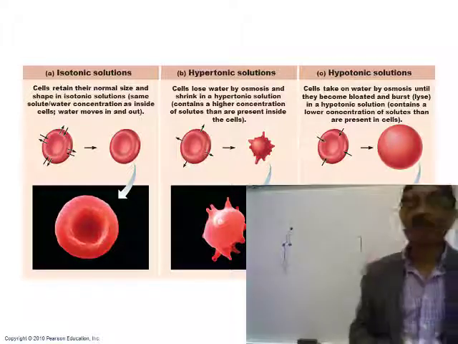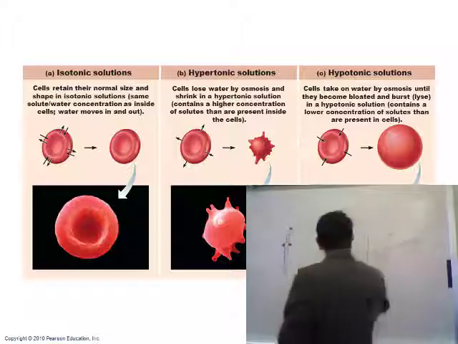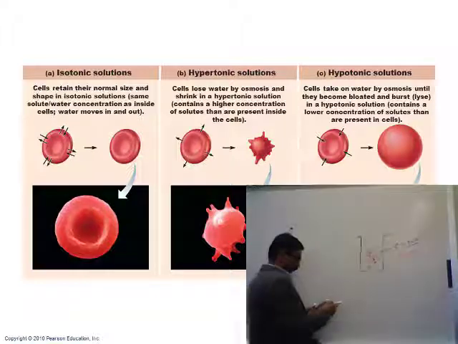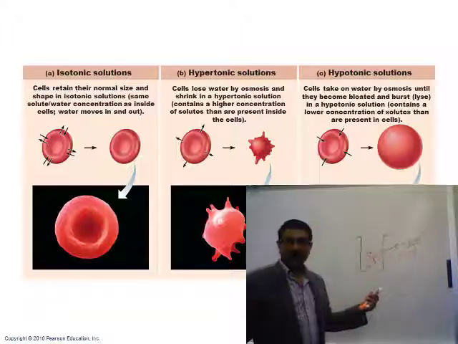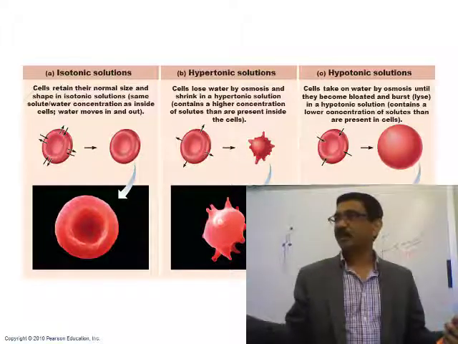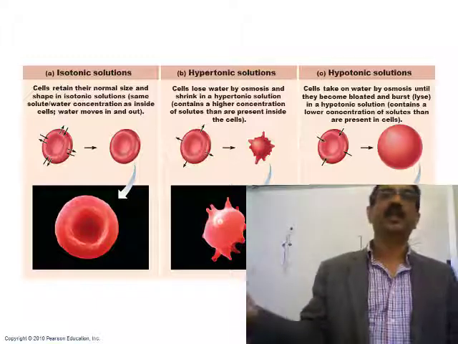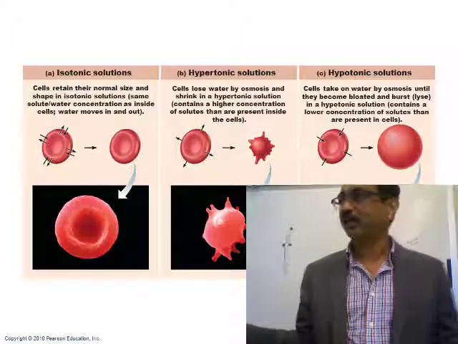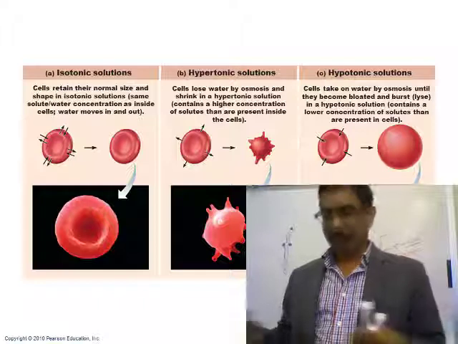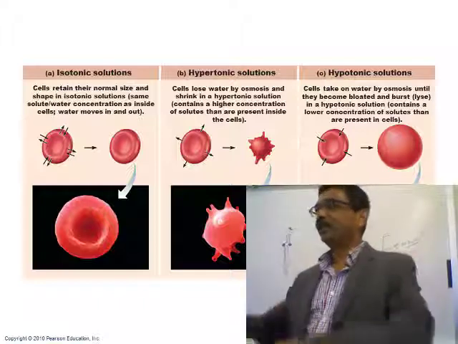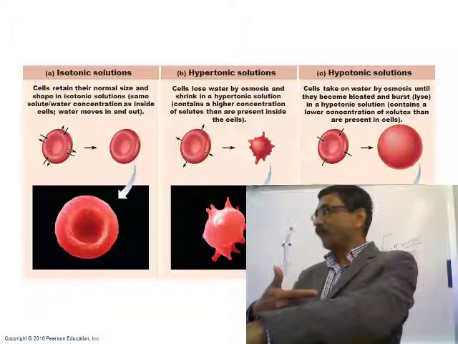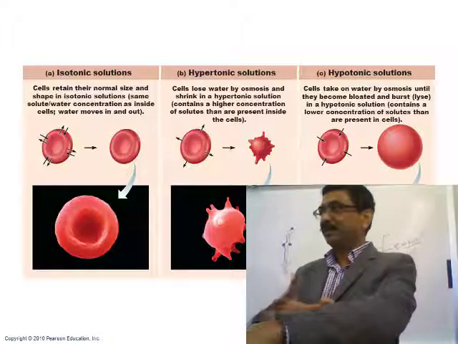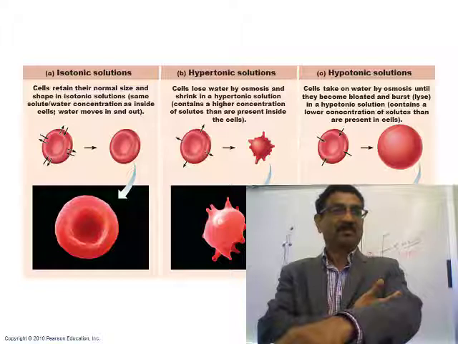Now if you put in isotonic, that means iso means what? Equal, same, right? No movement of water. So the cell size and shape will remain same, will not change. Is it clear? So which one you will prefer if you inject saline or fluid in the vein?